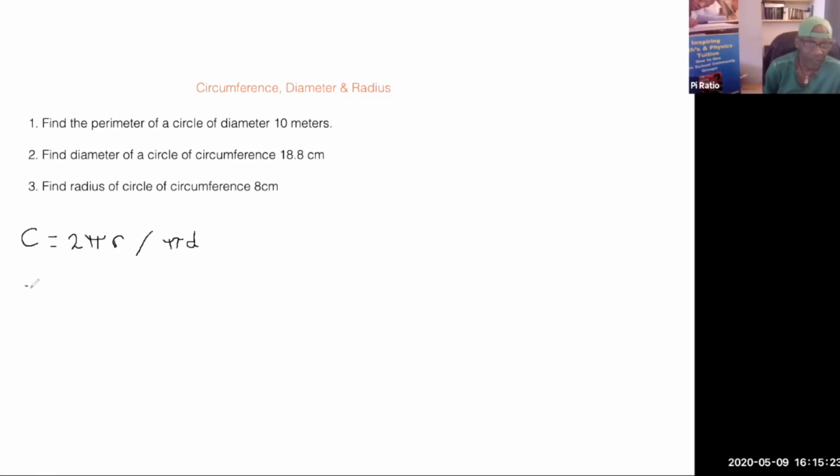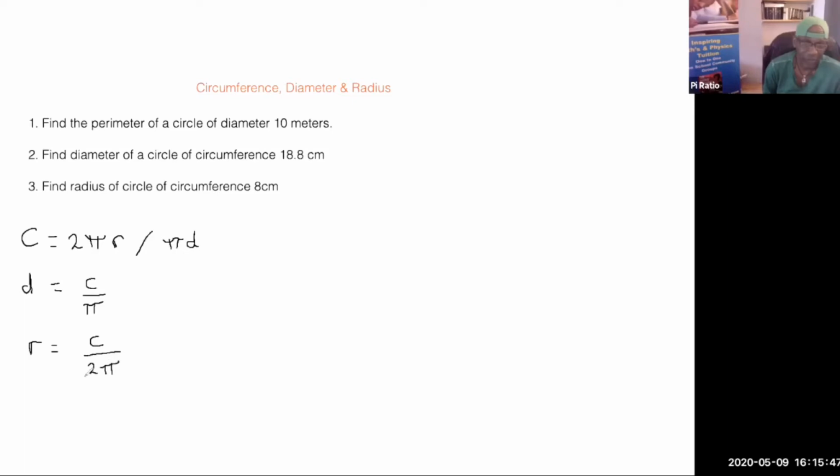Okay, for the diameter, the formula will be c over pi, and for radius, that's going to be c over 2 pi.